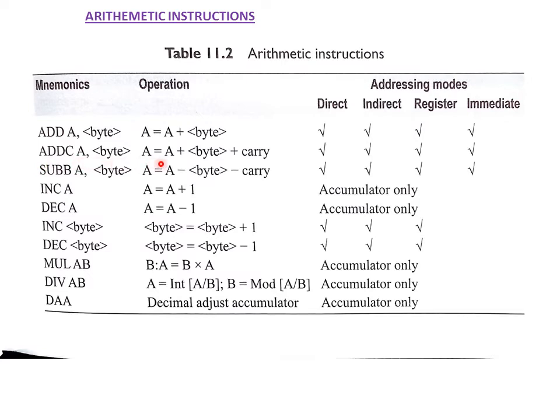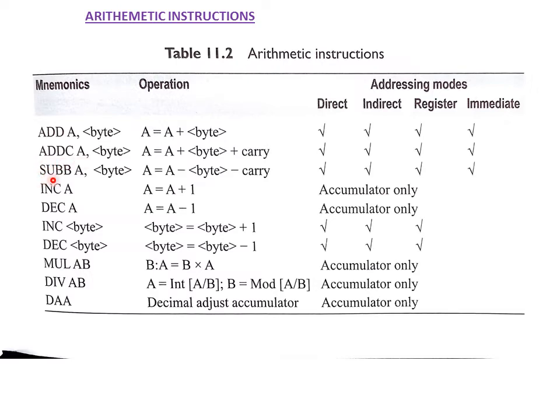The same for addition with carry: the accumulator stores the result of the accumulator added with the carry plus the byte given in the instruction. Here byte is the data given in the instruction. If any carry is generated, that carry is also added; this instruction decides addition with carry.